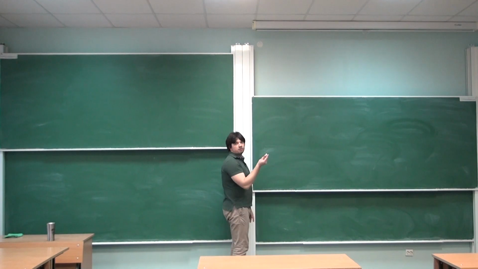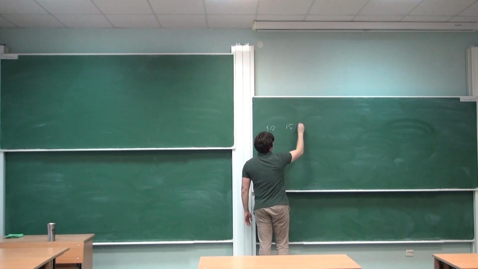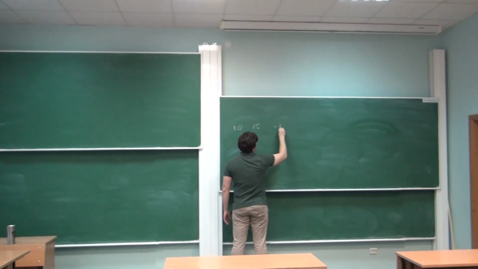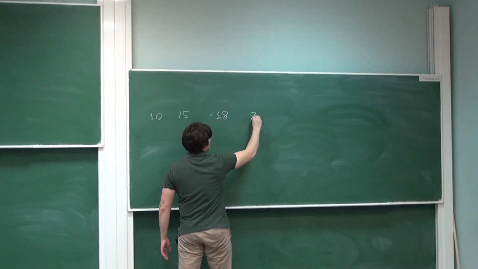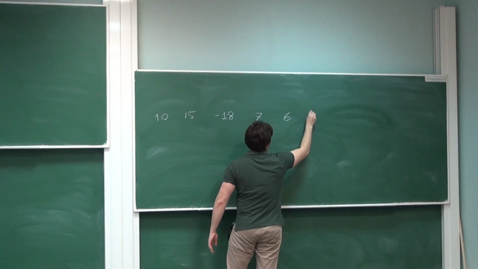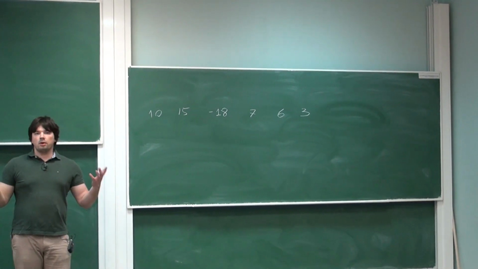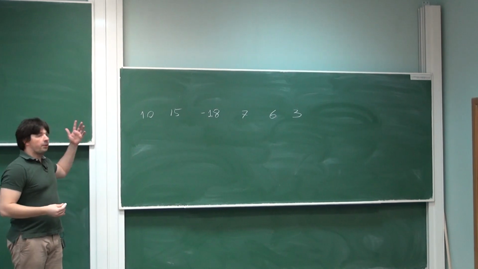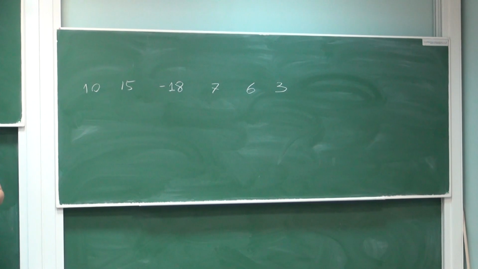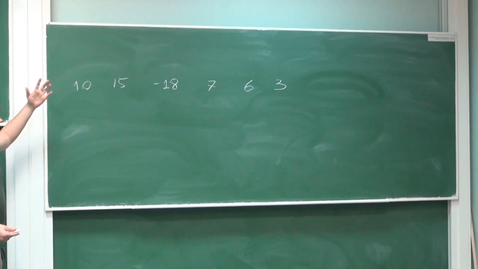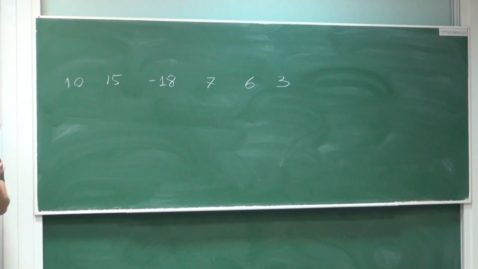You have a list of numbers. And the question is, are there three numbers that sum up to 0, right? So what I wrote here is an instance of a computational problem.